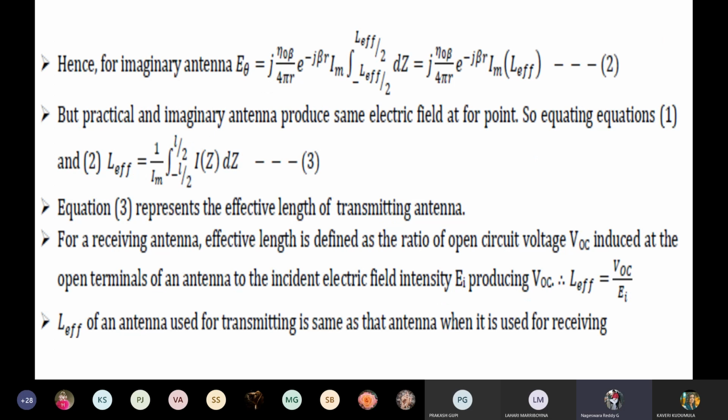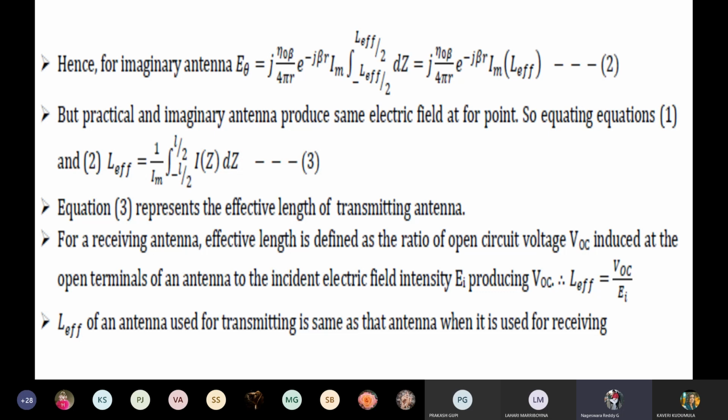So for the imaginary antenna, E suffix theta is equal to j into intrinsic impedance into beta by 4 pi r, e power minus j beta r, Im, integration minus L effective by 2 to upper limit L effective by 2 dz, that is equal to j into intrinsic impedance of free space into beta by 4 pi r, e power minus j beta r, Im L effective.